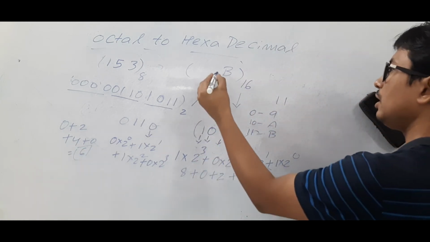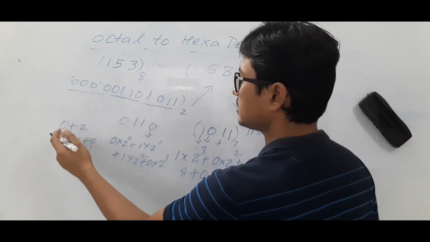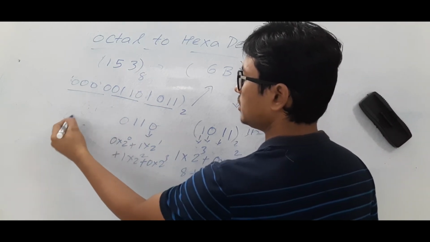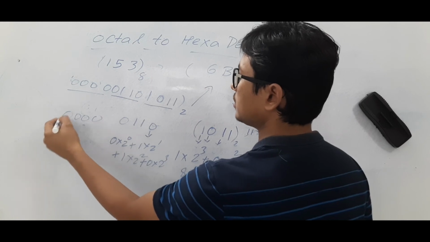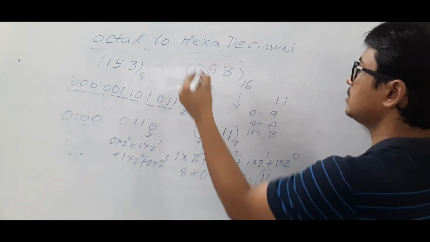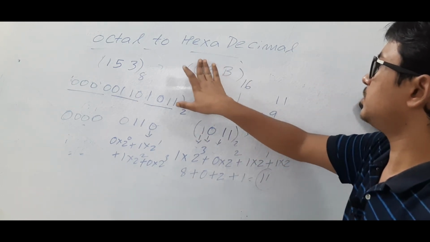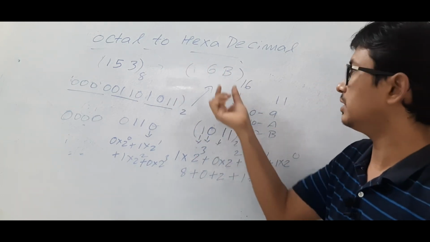So you can represent it directly as 6. And if you consider this as 4 zeros, it will obviously be 0 only. Are you able to follow? So I hope you have understood. Even if it is 0 6 B, you can just consider it as 6B only.